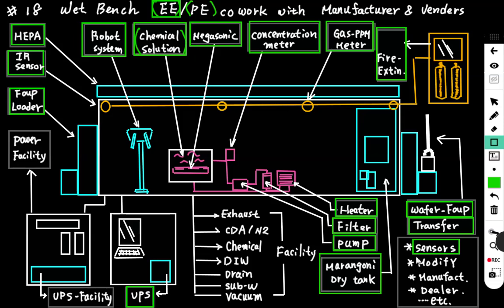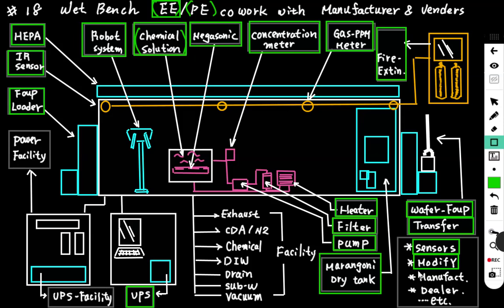And for the throughput, or equipment available time, or the yield improvement, the equipment engineer co-works with the modify vendor to modify the hardware, even the software, the modify vendors.